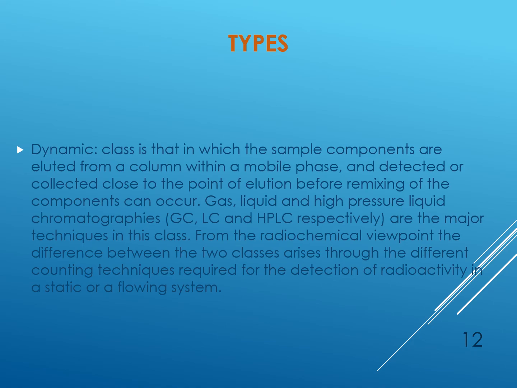Through the radiochemical viewpoint, the difference between these two classes is due to the counting techniques, or we can say the detection techniques. When the components are being separated, they have to be detected, and we have to use different detection techniques or different detectors to detect or analyze those components.